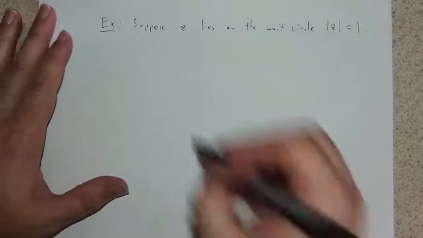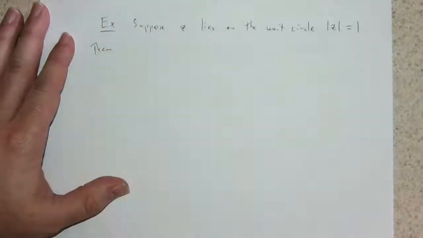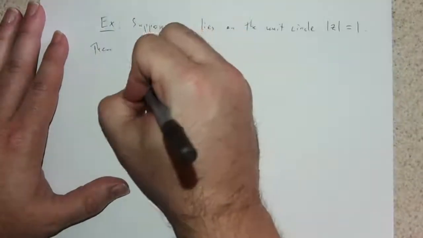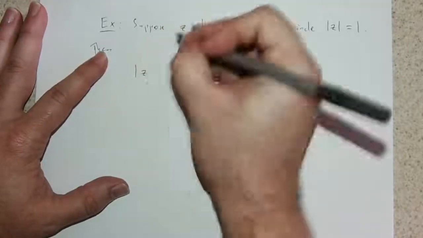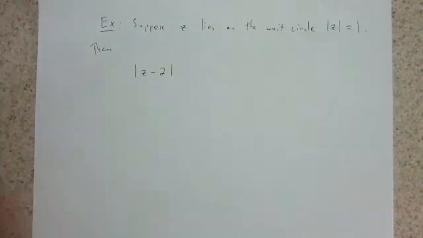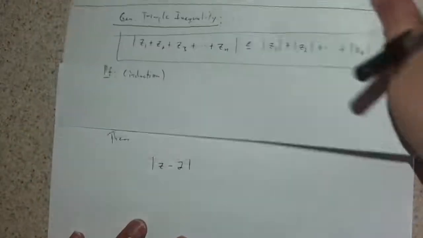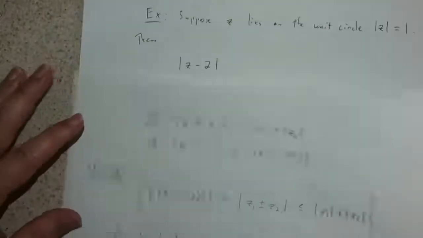Then note that if I take such a z and consider the modulus of z minus 2, I know from those inequalities that I just took away. For instance, here, let's go back. Here we go.